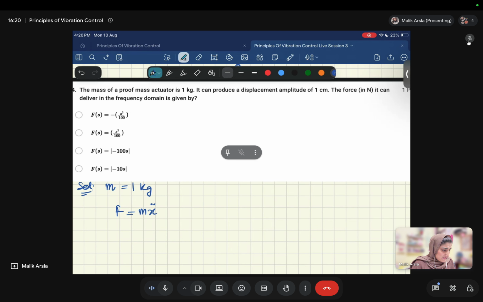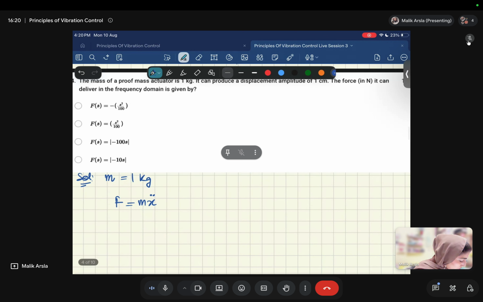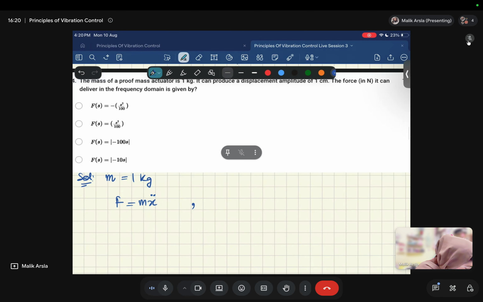The options are given in the Laplace domain, so basically the frequency domain, so we will take the Laplace of this. We can write F of s is equal to m into s square x of s.